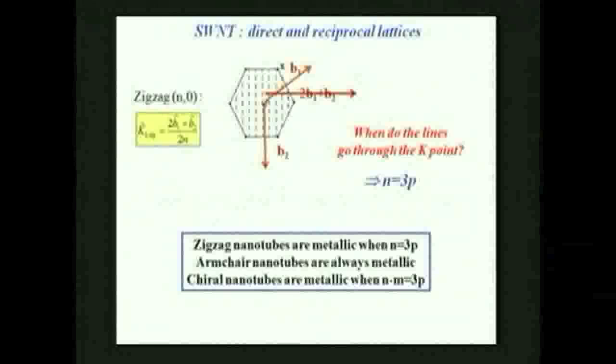So I just give you the answer, and you see that it's very close to the answer for zigzag, except that in zigzag, m is equal to 0. In chiral nanotubes, it's not equal to 0 anymore. So now the condition for a chiral nanotube to be metallic is n minus m equal to 3p, that is, n minus m is a multiple of 3.